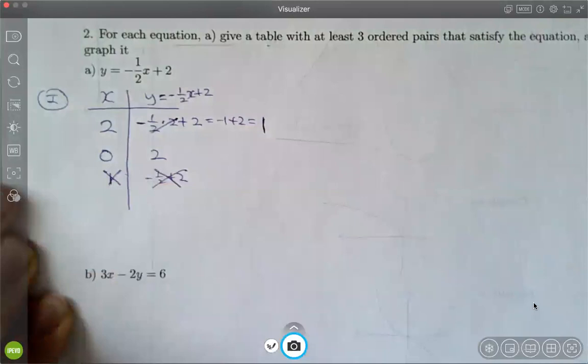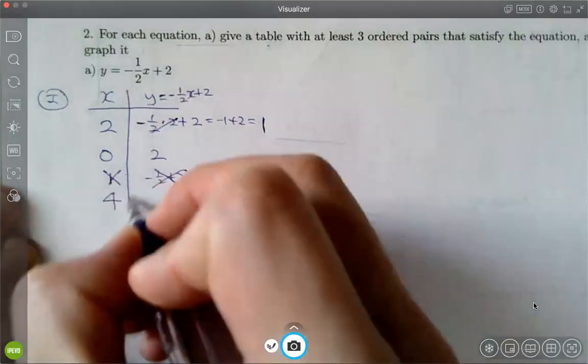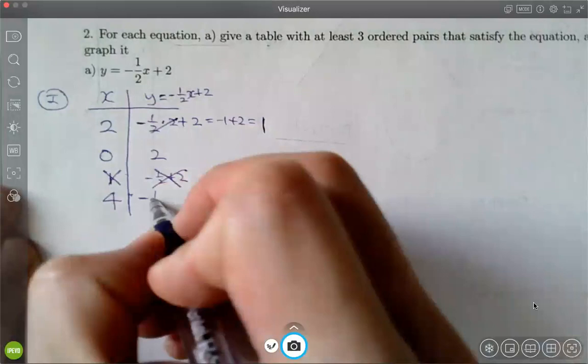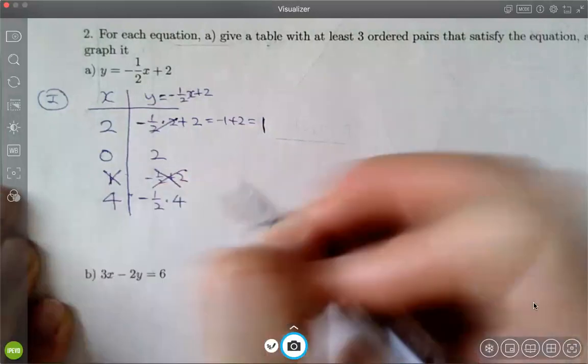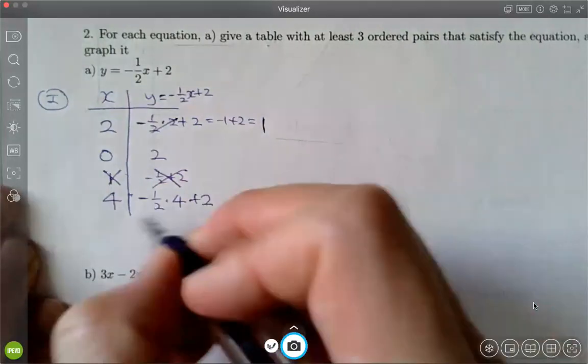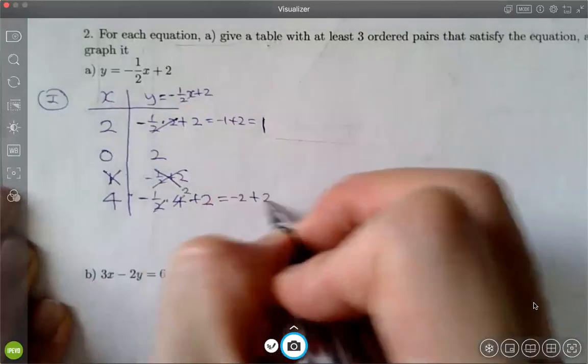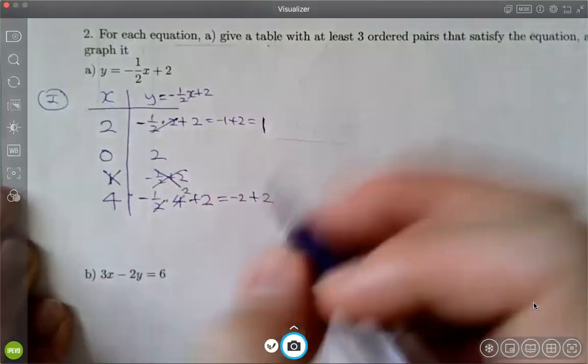So what do you want to do? 4. 4 for x, okay? So you have negative 1/2 times 4 plus 2. That's negative 2 plus 2, right? Which is equal to 0.